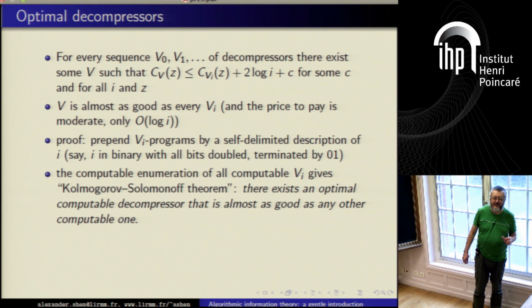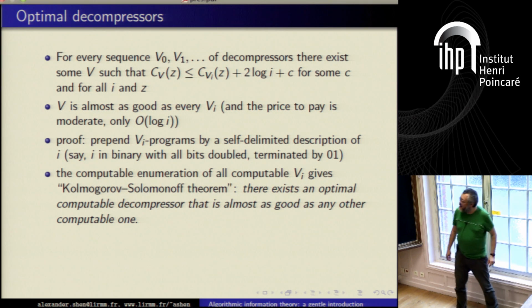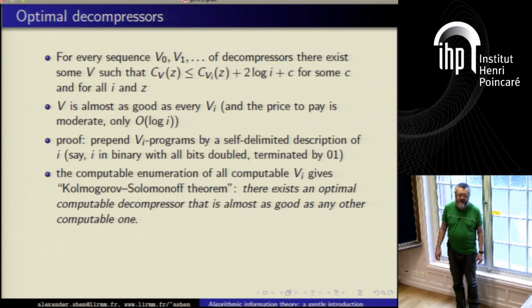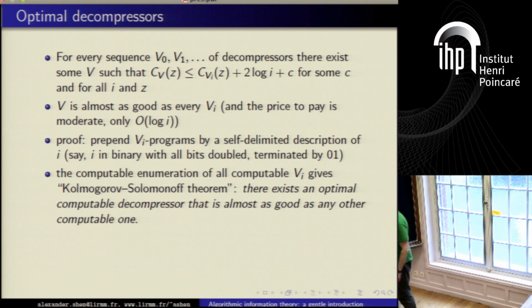Yes, so that's the log of i, so you at most double the cost. Oh, I see. So if you arrange them, the index of the V's depends just on the description itself. Okay, then you can do it with a constant.